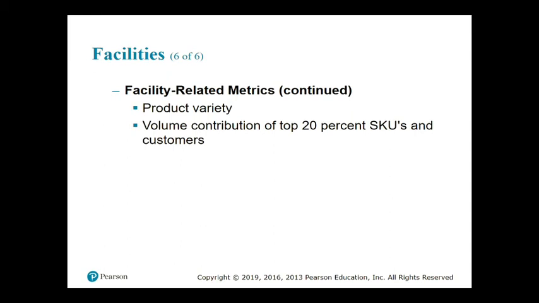You can measure this by the 20% of products that generate the most revenue for you. So basically, the most important products. This will give you an indication of the importance of a particular facility, and also an indication of how much of the facility should be an efficient process and which should be a dedicated process.